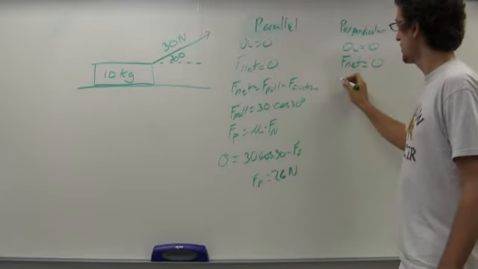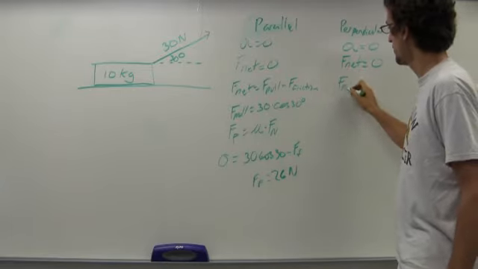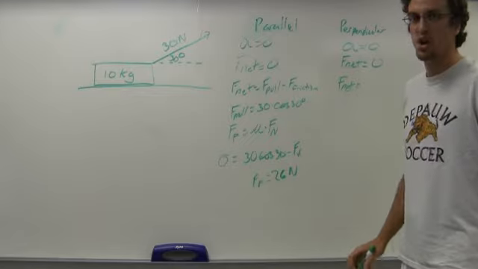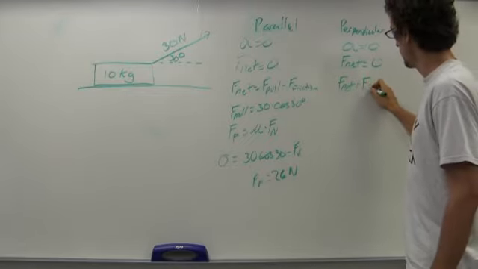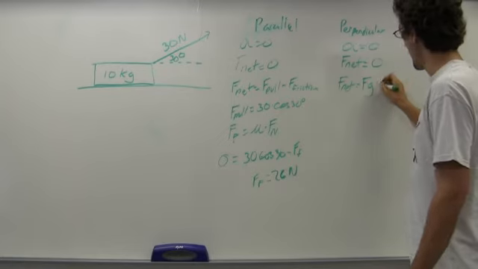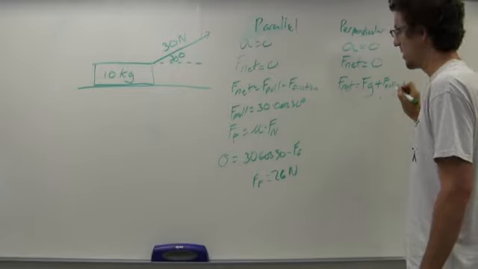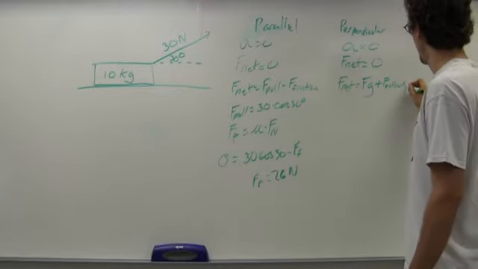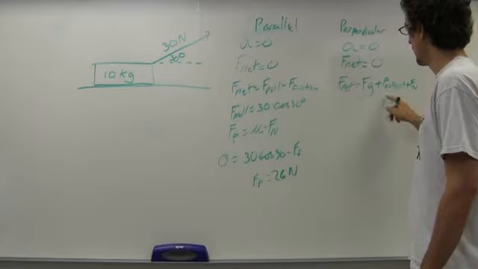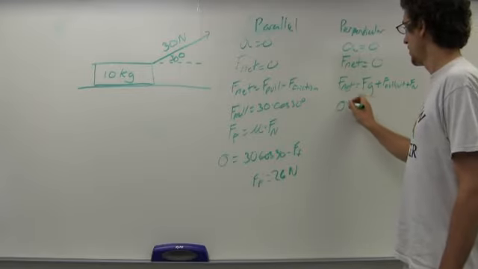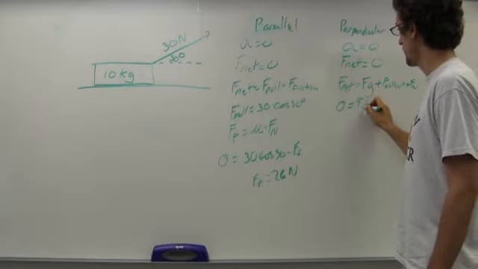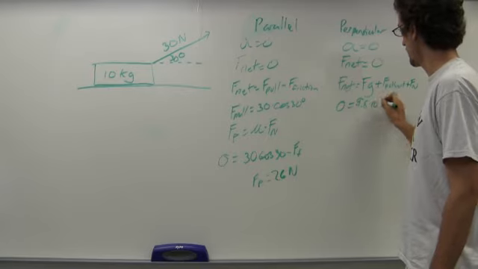Now, in this case, we have three components to the perpendicular force. We have Fg, the vertical force of the pull, and the normal force. Fg is going to be negative 9.8 times 10.